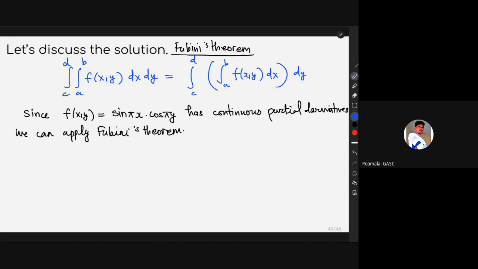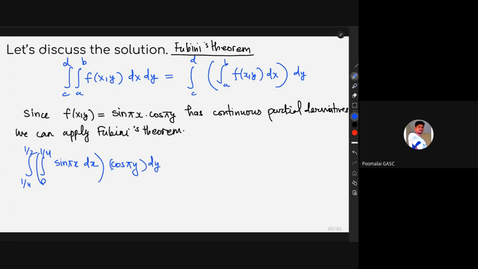So as we apply Fubini's theorem, we have the integral from 0 to 1 over 4 of sine pi x dx, and then the integral from 1 over 4 to 1 over 2 of cos pi y dy.